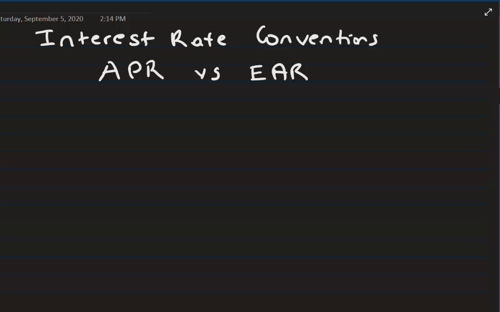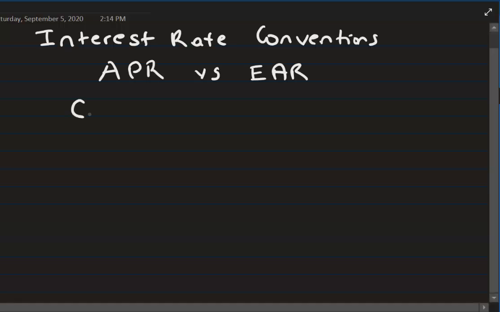When we are talking about interest rates, unless we specify otherwise, we always talk about some sort of annual rate. But the trouble is, not all the time the interest rates that we're going to see are based on annual rates. For example, you have a car loan, and typically these have monthly payments.